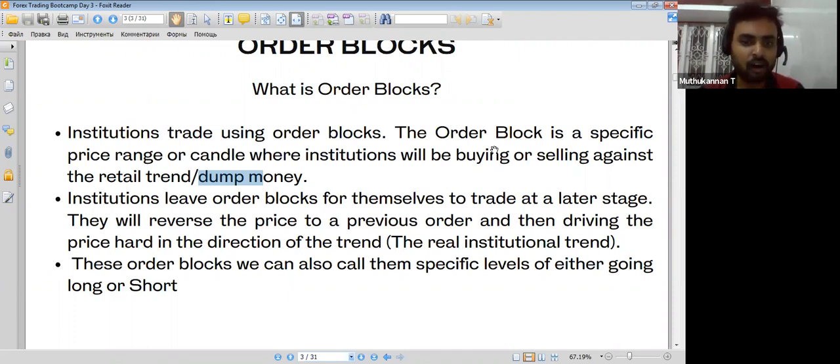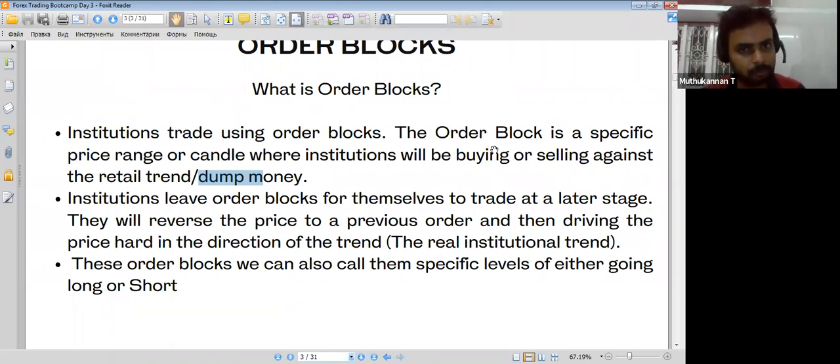Institutions leave order blocks for themselves to trade at a later stage. They will reverse the price to the previous order and then drive the price hard in the direction of the trend. These order blocks, we can also call them specific levels of either going long or short.